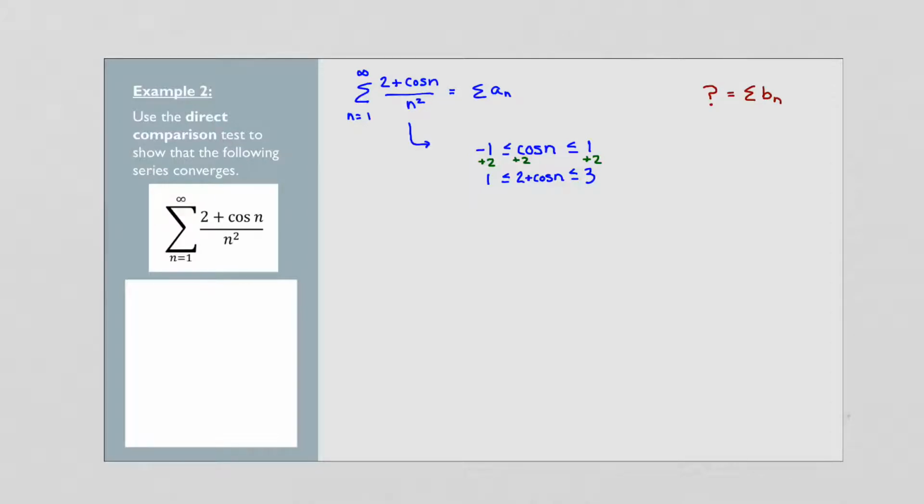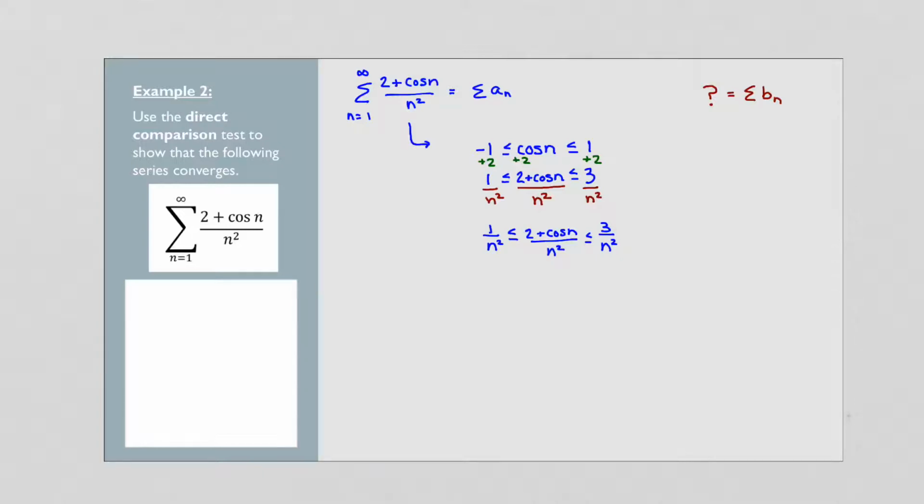Continuing, if I divide 2 plus cosine n by n squared, because n squared is a positive number, I can do that to all parts of my three-part inequality and not change the order of my signs. And so that tells me that 1 over n squared is less than or equal to 2 plus the cosine of n over n squared, which is less than or equal to 3 over n squared.